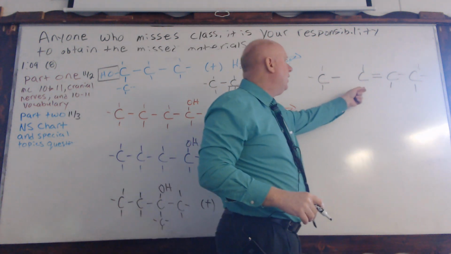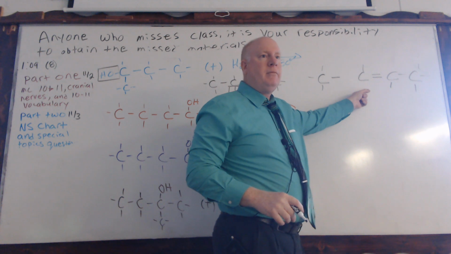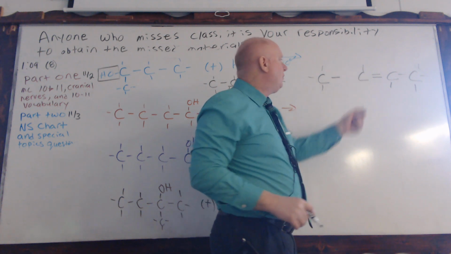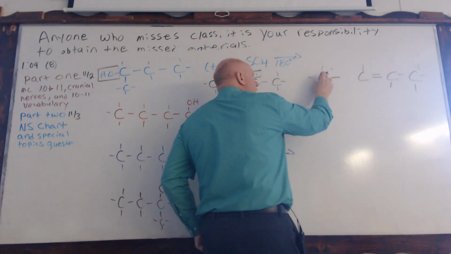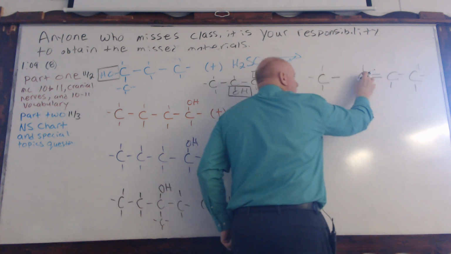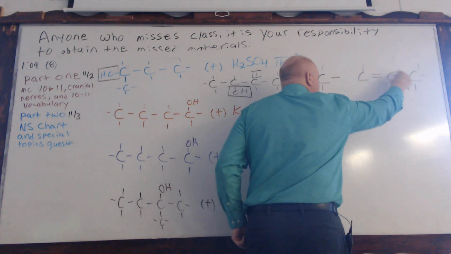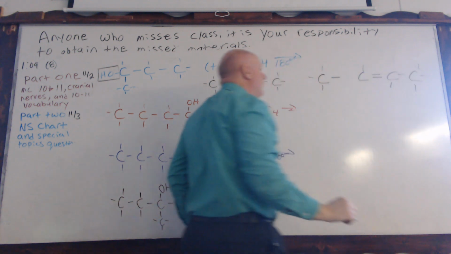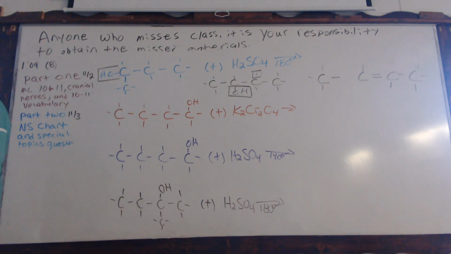Or is there anything else we need to do? Nope, that's it. Once we count our bonds, this carbon's got 4, this carbon's got 4, these two, this carbon's got 4, those two, then it's satisfied that way. But that's not the only product that you're going to form.